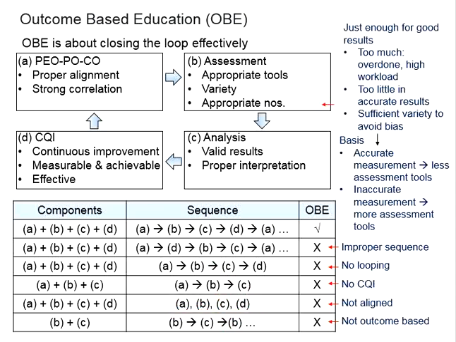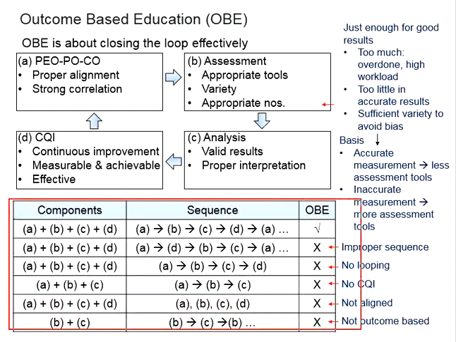They are not interrelated, and may also not be in proper sequence. In this case, they are not well aligned, so it is also not OBE. And sometimes you also see BC, BC, BC. This is definitely not outcome based. There is no outcome in the model here.